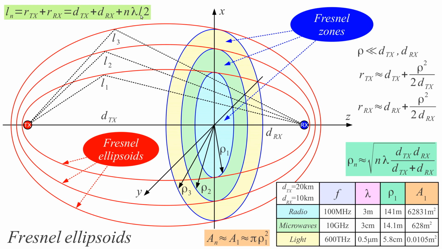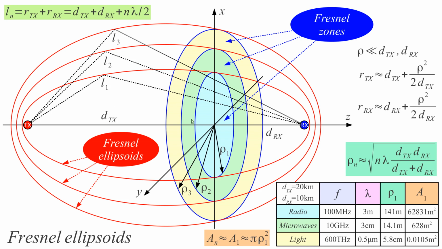This is the definition of the Fresnel ellipsoids. And we are going to see later on that most of the power is transmitted in the first ellipsoid. This answer is not exact. It's not just in the first ellipsoid, but most of the power travels through the first Fresnel ellipsoid.